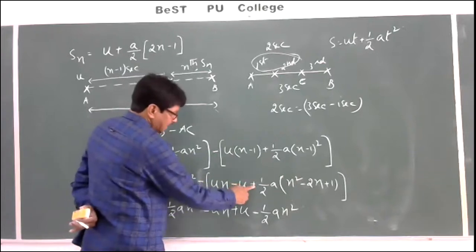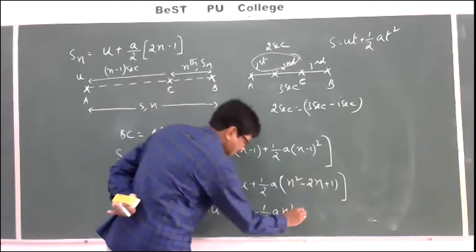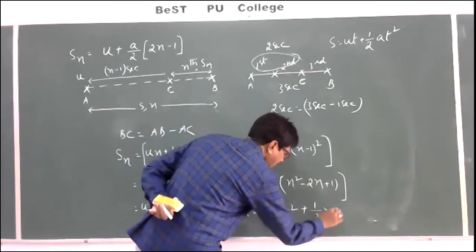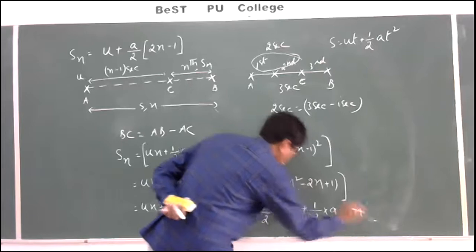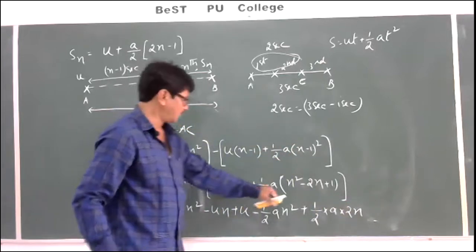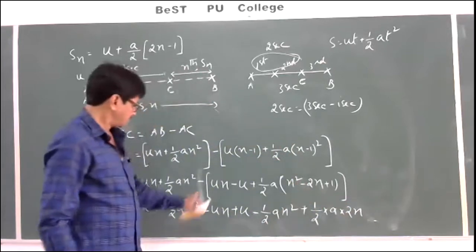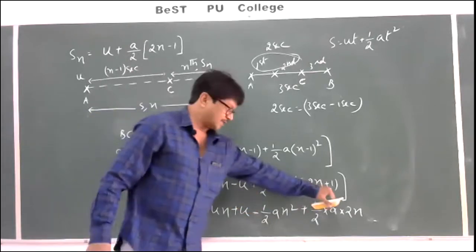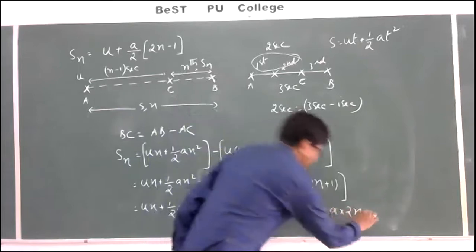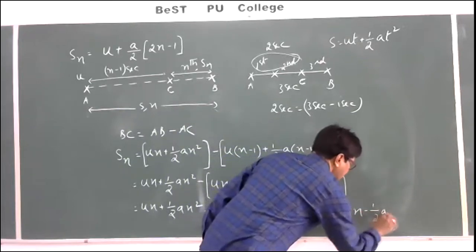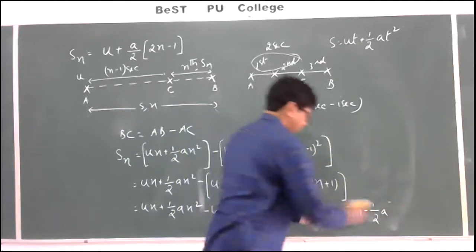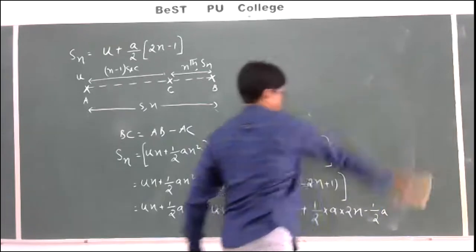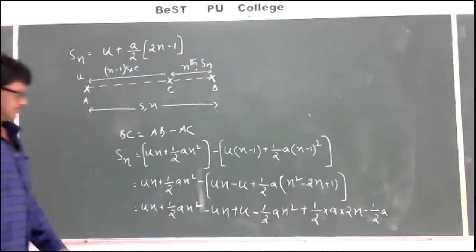Half a into 2n, minus into plus minus, minus half a.